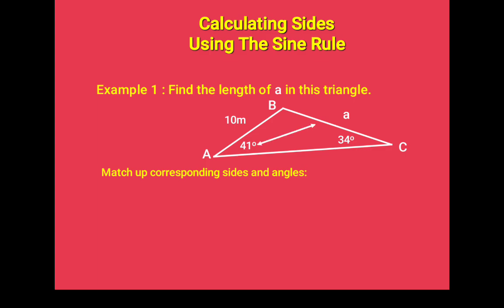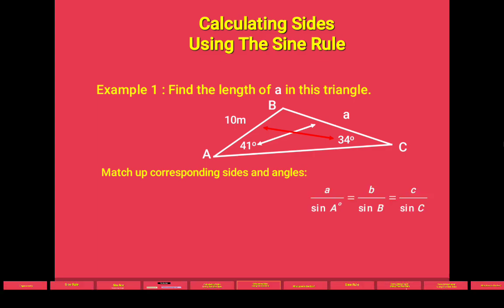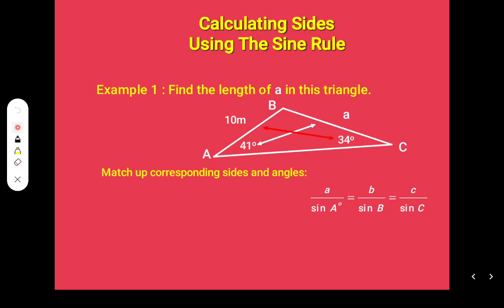Angle A is directly opposite side A. In this case, side AB is directly opposite angle C. So according to the sine rule, the ratio of A to sine of angle A is equal to the ratio of B to sine B, and this is equal to the ratio of C divided by sine C.